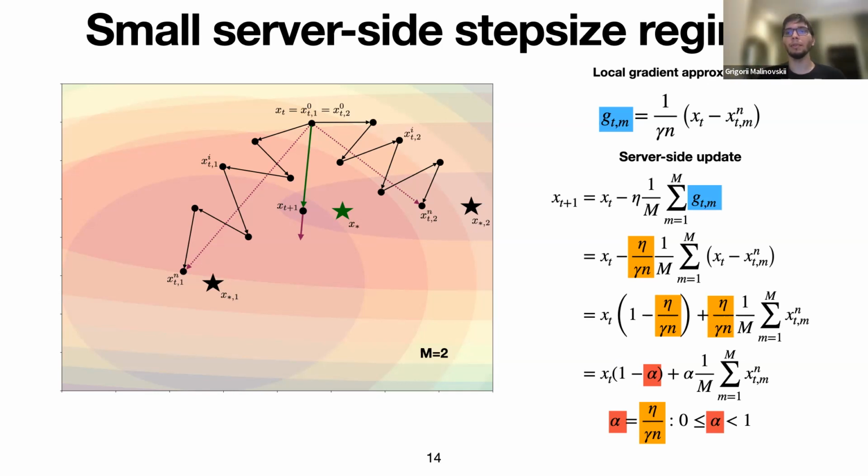And so we have two regimes. The first regime when eta divided by gamma n is larger than 1, and we have jumping in the direction of this difference. And if eta divided by gamma n is smaller than 1, we have, let's say, negative jumping, or we have a convex combination of 2 points.